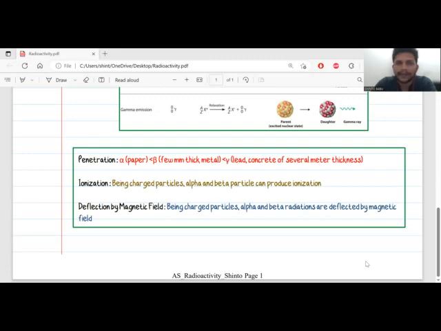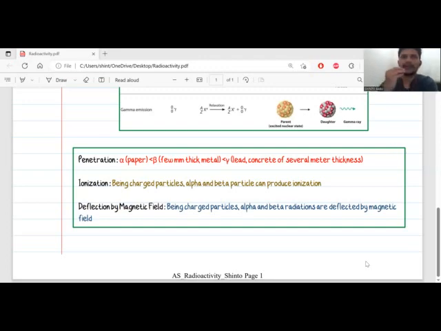Now, ionization is the ability for a particle to create a charge separation in another atom in the vicinity. So it is possible for charged particles only. So here our charged particles are alpha and beta, and they can produce ionization of atoms.